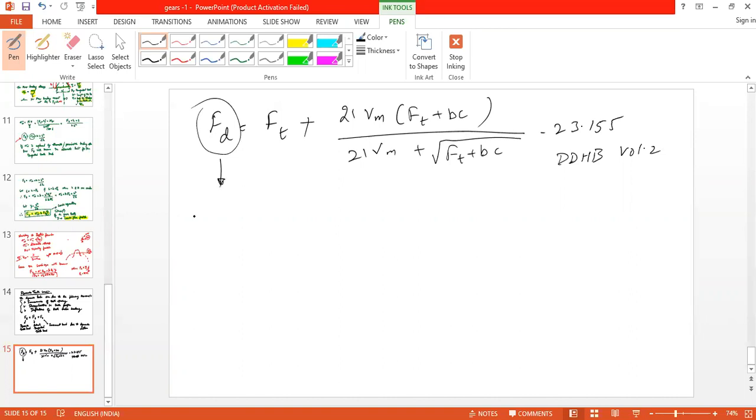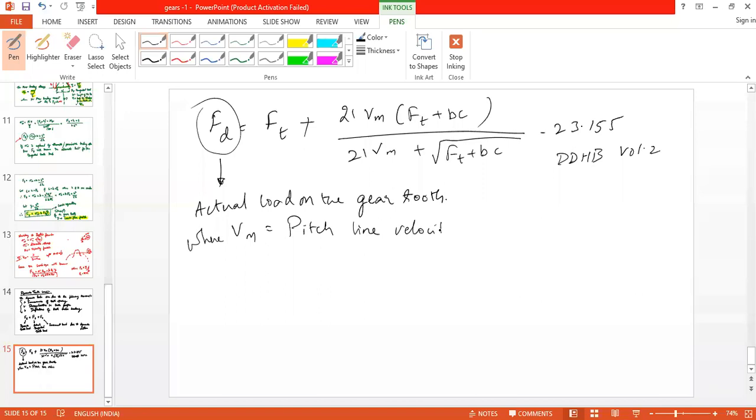So this is the actual load on the gear tooth. So here, what is VM? Where VM is the pitch line velocity. FT is the actual tooth load.